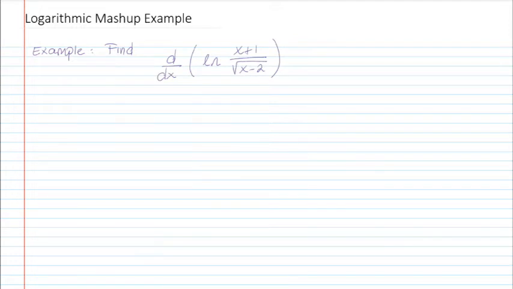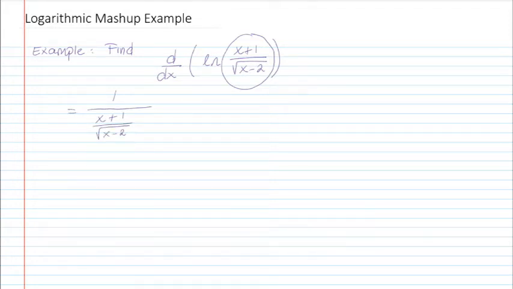So first things first, I have ln of x plus 1 divided by square root of x minus 2. The derivative of that is going to be, well, first of all, what is the derivative of ln of something? It is 1 over that something, which is 1 over x plus 1 divided by square root of x minus 2.